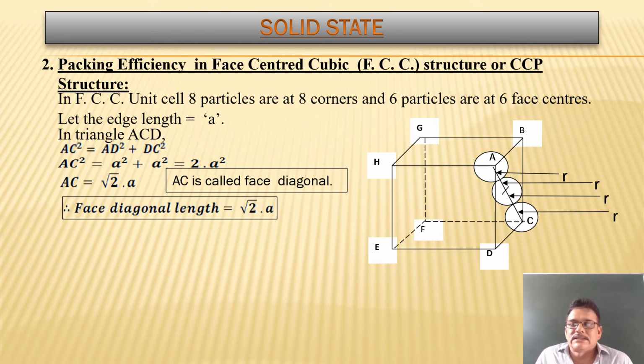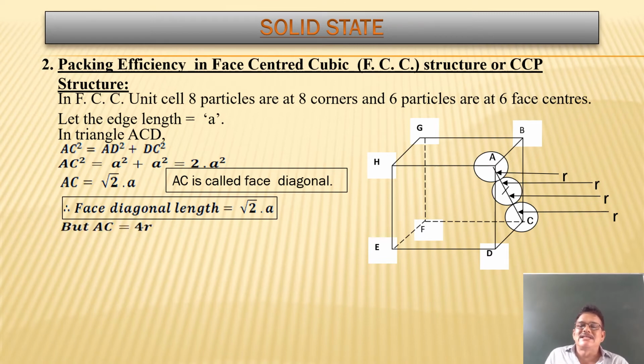We can directly calculate the face diagonal length if edge length is given. Face diagonal length is equal to edge length into root 2 or edge length into 1.414. If edge length is given, we can directly get the face diagonal length by multiplying it with 1.414.